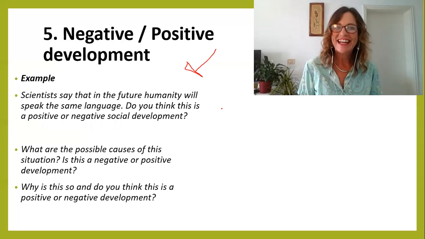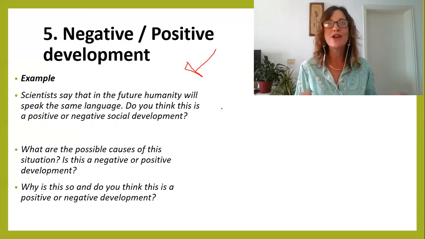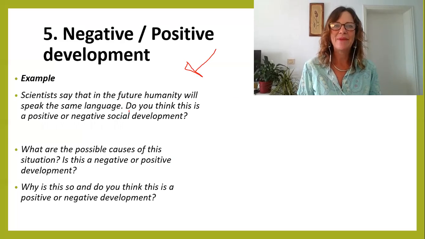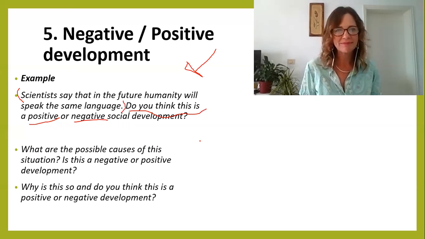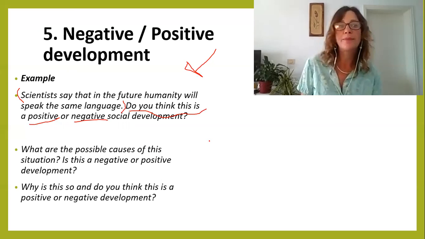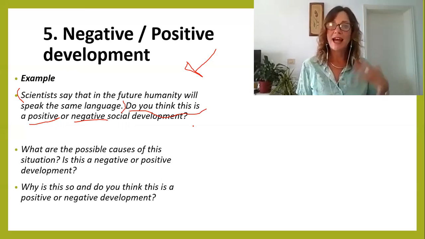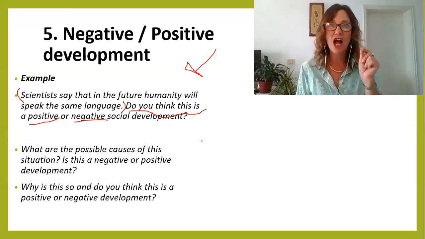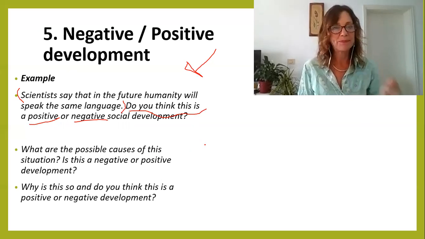Do you think this is a positive or negative social development? So there we are. We have our positive or negative statement. There's our statement, and there's our question. Do you think it is positive or negative? So again, you're going to have to decide what are the good things, the bad things, and come up with your own opinion.